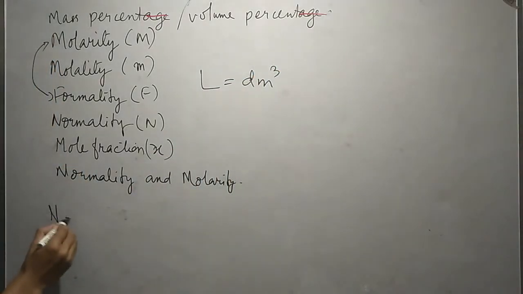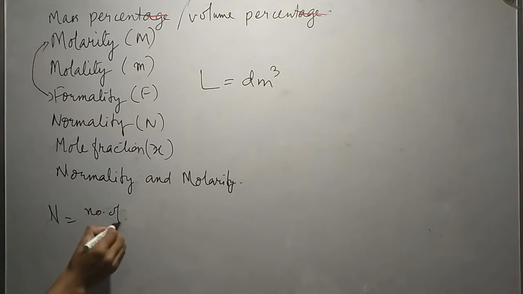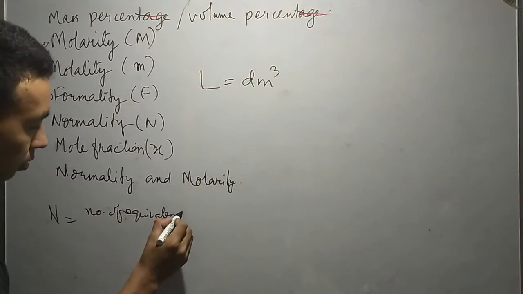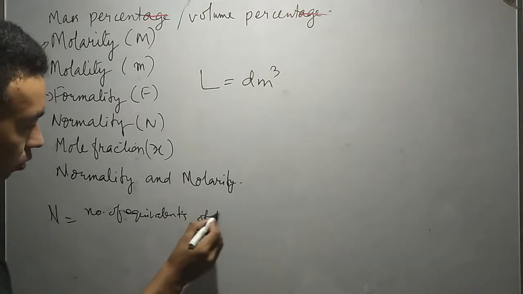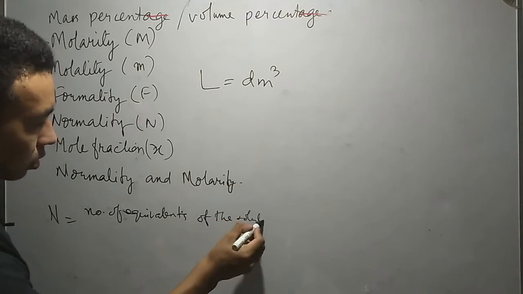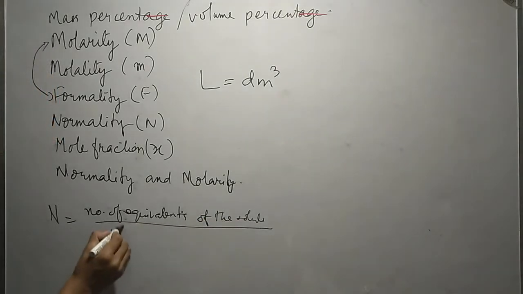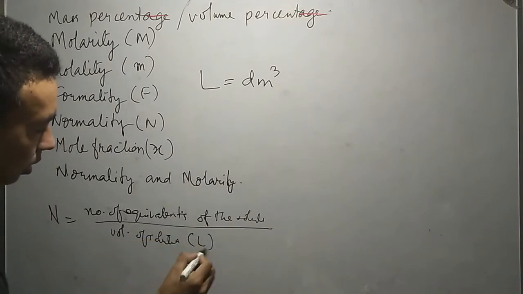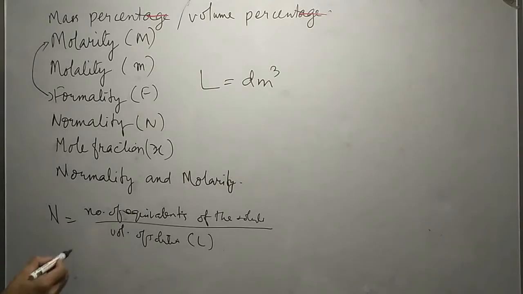So normality is equal to number of equivalents of the solute divided by volume of solution. It should be in liters. The unit is equivalent per liter, or we can write it as capital N.